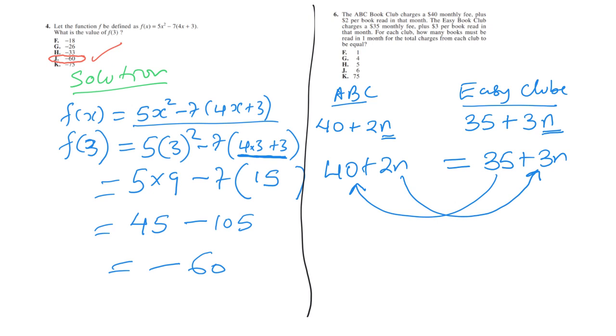So 40 is positive. When 40 jumps and comes the other side, we shall have 40 minus 35. And when 2N goes the other side, it will be 3N minus 2N. And therefore, 5 is equal to N, because 3N minus 2N is equal to N.